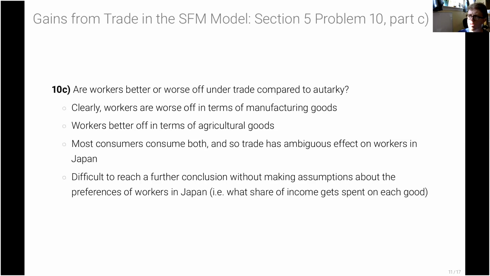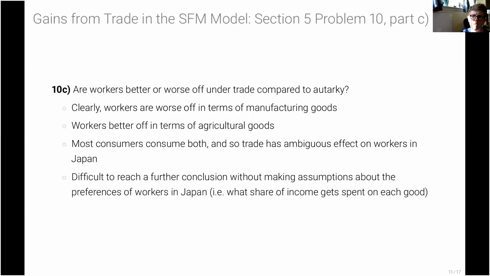However, workers we saw earlier are worse off if they only buy manufacturing goods. And so how do we take these two pieces of evidence at the same time? Well, we can just think about it and realize that most consumers are going to consume both agriculture and manufacturing goods. And so if we don't know the precise composition of each worker's grocery basket of both manufacturing goods and agricultural goods, then we're going to conclude that trade is going to have an ambiguous effect on workers in Japan.